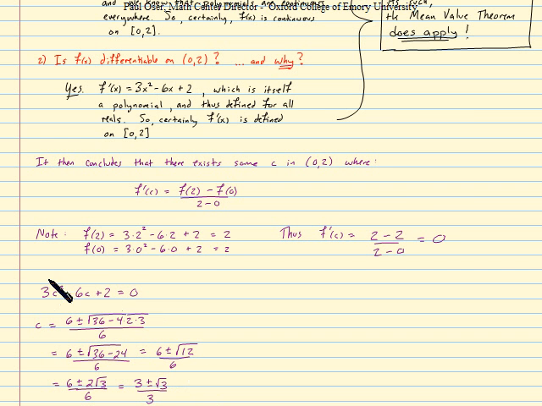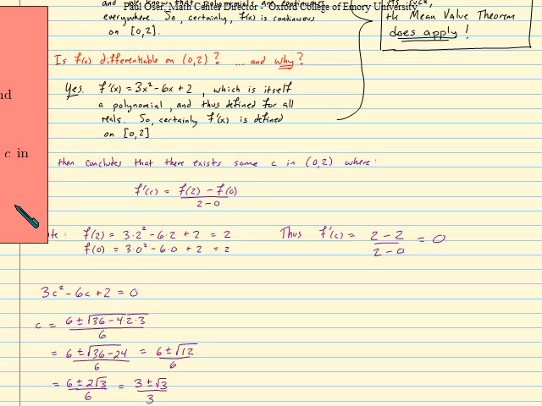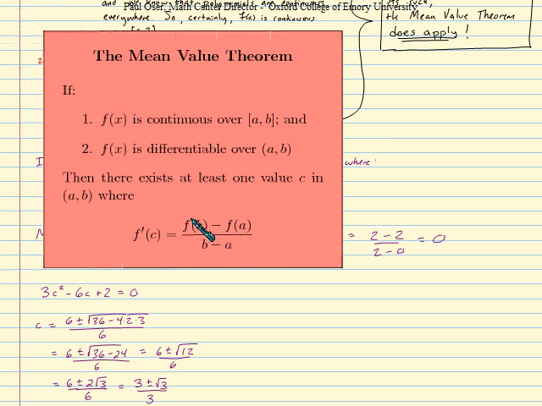Depending on what function was involved here initially, lots of different things could have happened. And lots of different solutions might be found, but the only ones I care about are the ones guaranteed by the mean value theorem. Here again, let's remind ourselves of what that says.